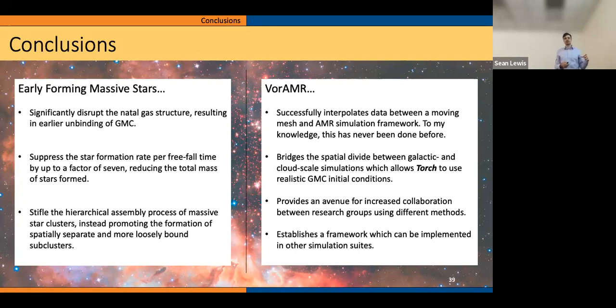It also provides a new avenue for collaboration between research groups. Now we have a way to take data from other numerical models and model them in Torch, and I'm also in talks with researchers working with a different code, Ramses, who want to do something similar using at least the philosophy of my tool to translate data into there.